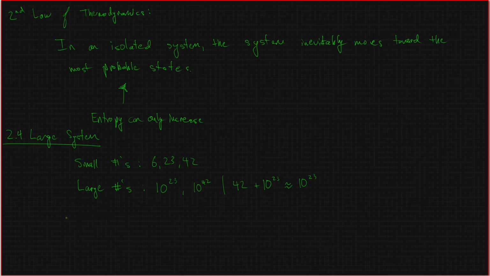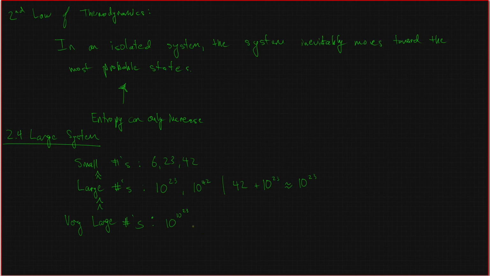But then we also have very large numbers. I'll put much greater than signs in between each of these, just to denote exactly what we mean here. Very large numbers are going to be large numbers that are exponentiated, like 10 to the 10 to the 23.